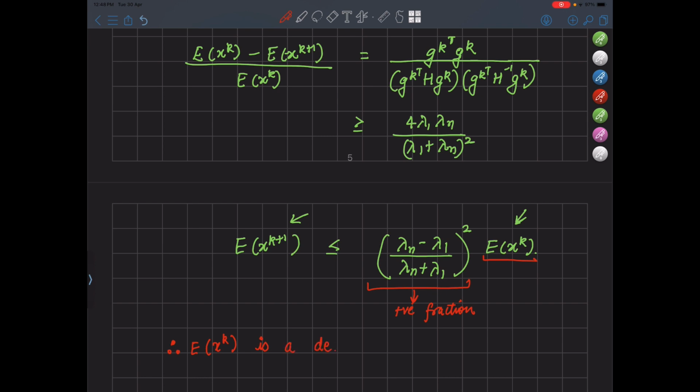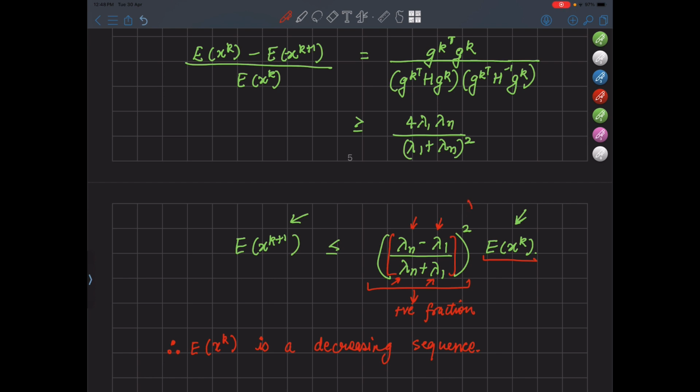Why a decreasing sequence? So why is this a positive fraction? Because you can see on the above there is a subtraction of two numbers, and here there is an addition. So this whole fraction will always be less than 1, whatever the values of lambda n and lambda 1.